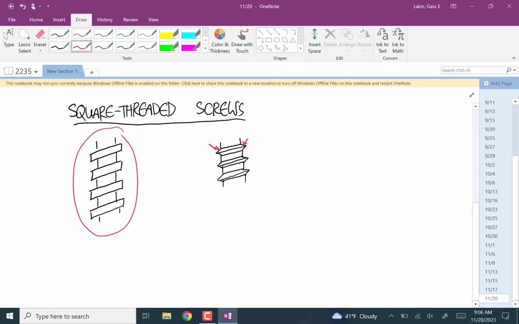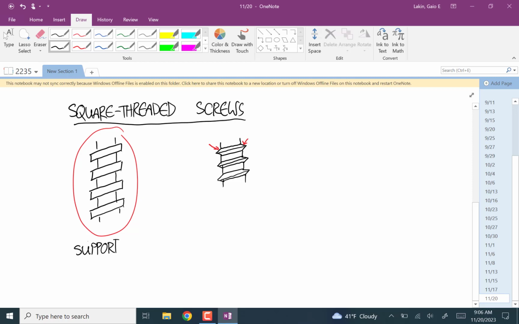And so if you think of a Newton's third law pair with the nut, the nut is receiving normal forces that tend to explode it. And so the reason you do this is that this can support much bigger loads.